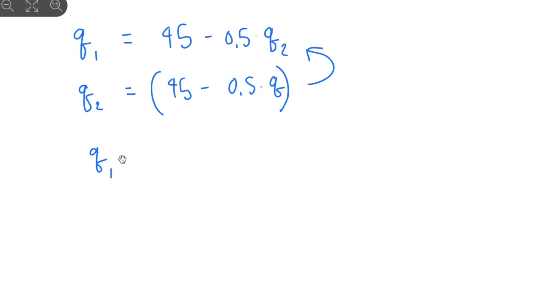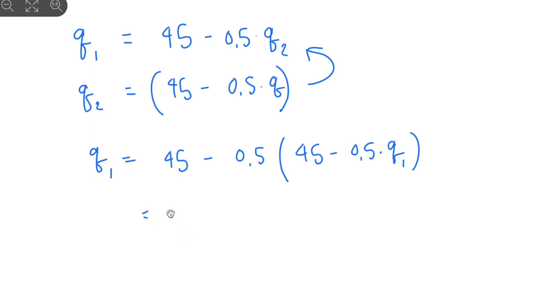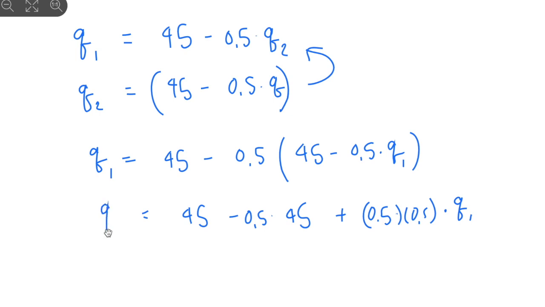So Q1 equals 45 negative 0.5 times 45 negative 0.5 times Q1. So we have 45 negative 0.5 times 45 plus 0.5 times 0.5 times Q1 equals Q1.